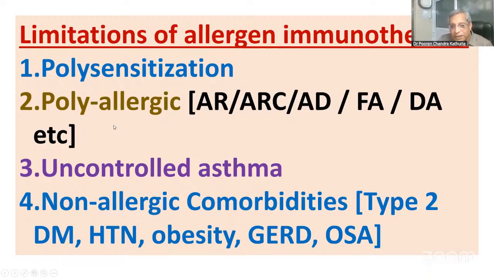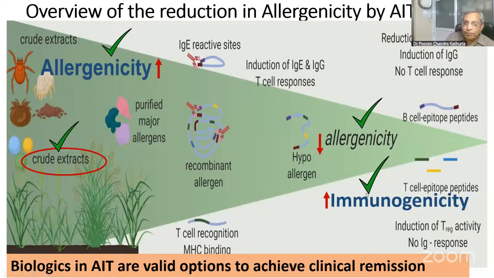In each step of the GINA guidelines, in step 1, 15% are uncontrolled. In steps 4 and 5, more than 50 to 60% have uncontrolled asthma. Not only this, after the age of 40 years, most of the patients have non-allergic comorbidities like hypertension, obesity, and OSA.